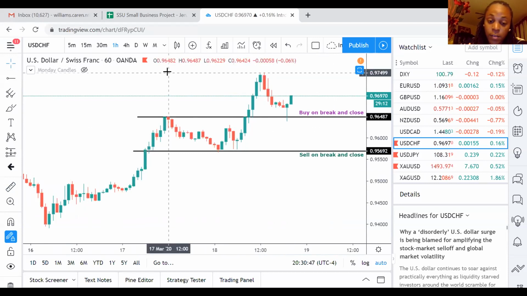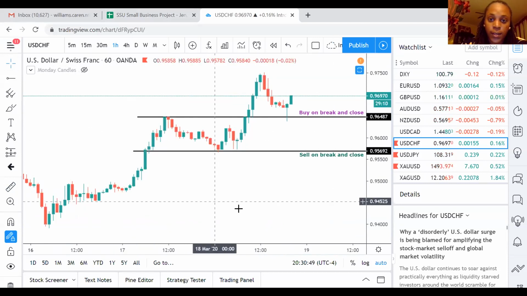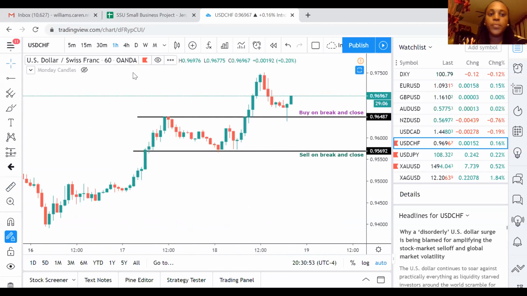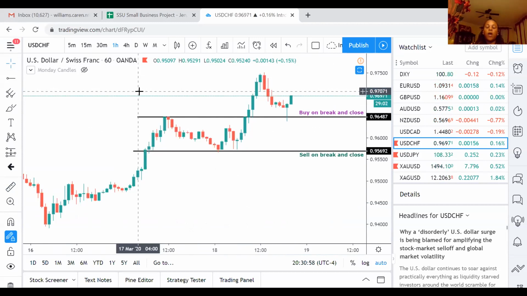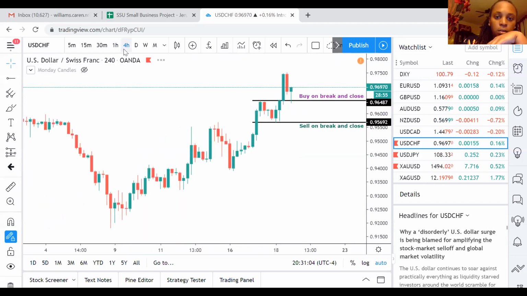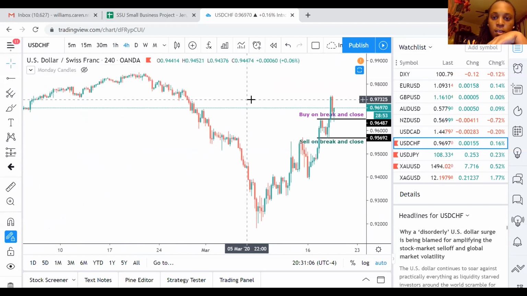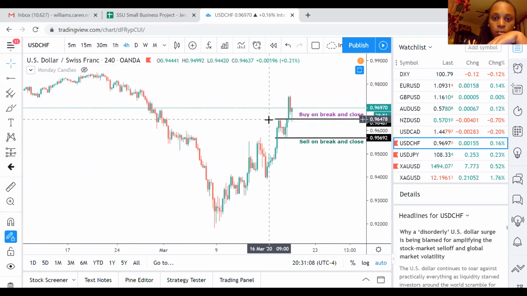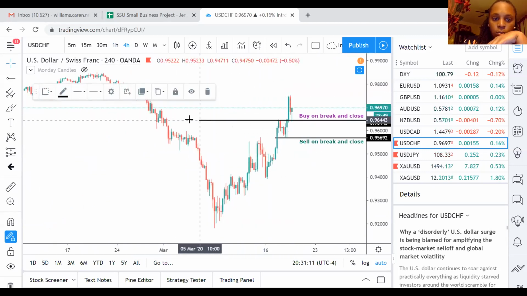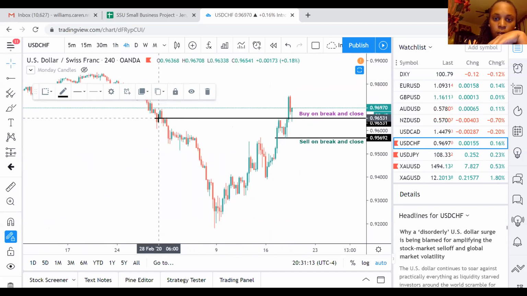Now, take profits is going to take us a little while. When it comes to take profits, you have to use a higher time frame. So what you can do is bring it all the way across to see the previous zone.